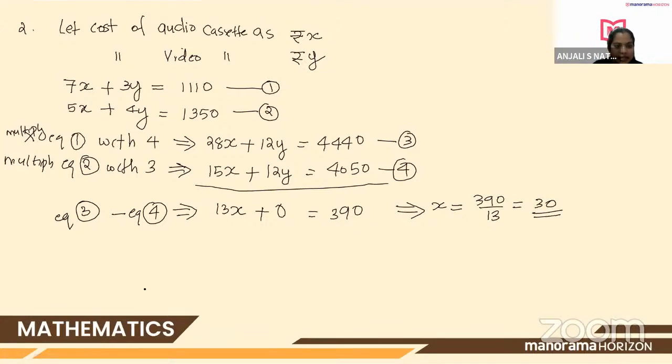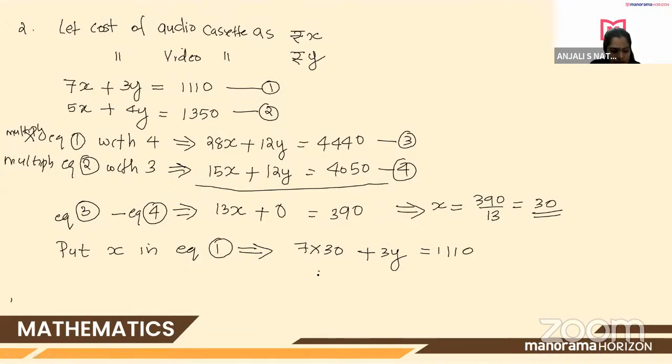So x is 30 and we can put x in equation 1, which implies 7 into 30 plus 3y is equal to 1110. And 3y is equal to 900 and y is equal to 900 divided by 3, that is 300.